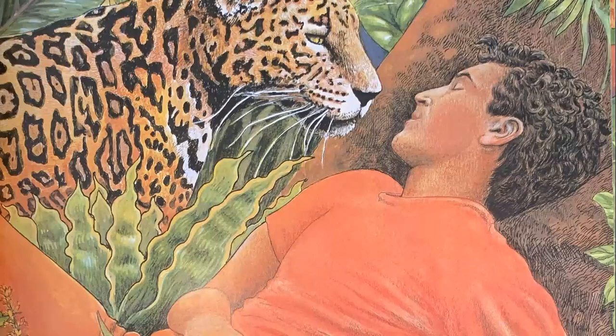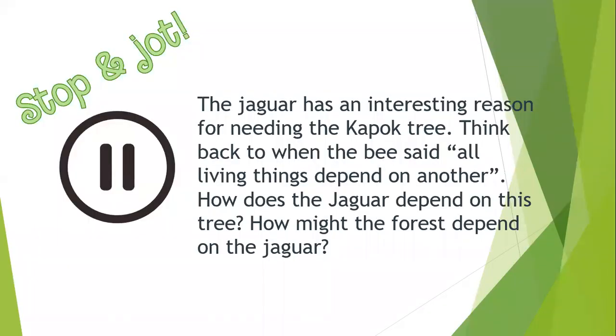Interesting. So the jaguar has an interesting reason for needing the kapok tree. Think back to when the bee said all living things depend on one another. How does the jaguar depend on this tree? And how might the rainforest depend on the jaguar? So you're thinking back to what the jaguar just said.